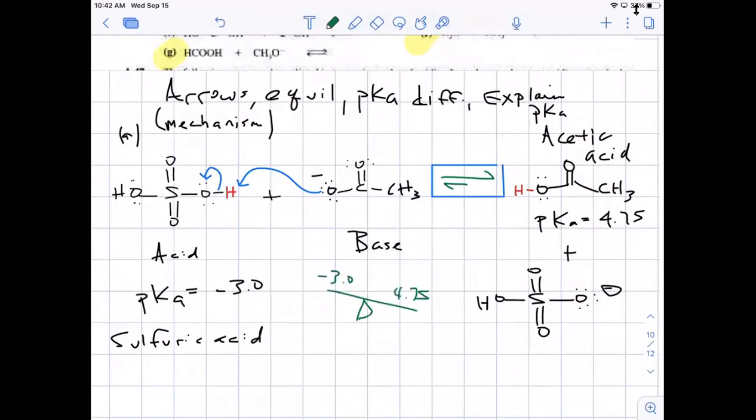The negative number is smaller, so the balance on the seesaw is going to favor the larger number. So if you ever get confused about how to predict equilibrium, put the two pKa's on the seesaw, and it's going to tilt toward the bigger number.